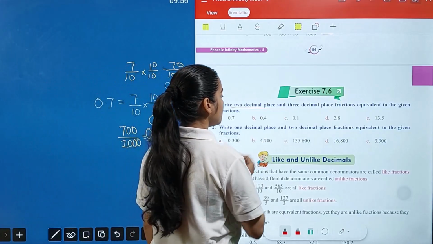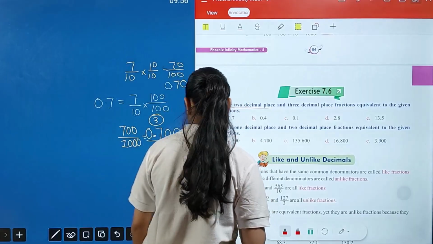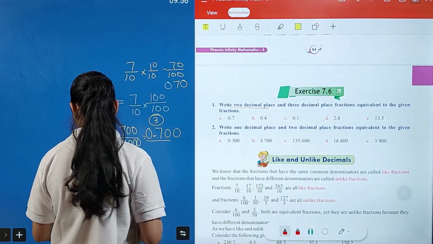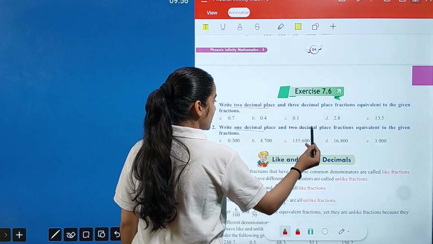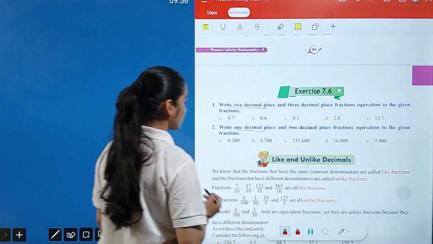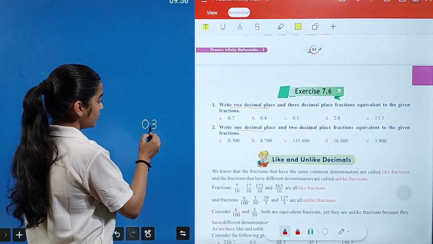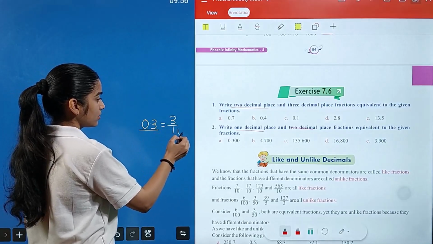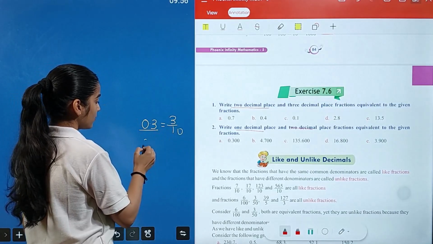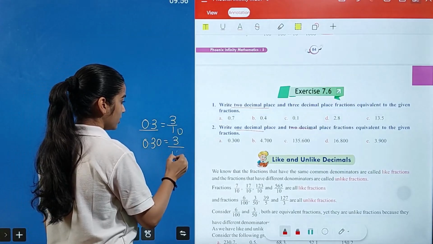Write 1 decimal place and 2 decimal place fractions equivalent to the given fraction. So 1 decimal place will be 0.3, and you can write it as 3 by 10, and 2 decimal place value will be 0.30, 3 upon 100.